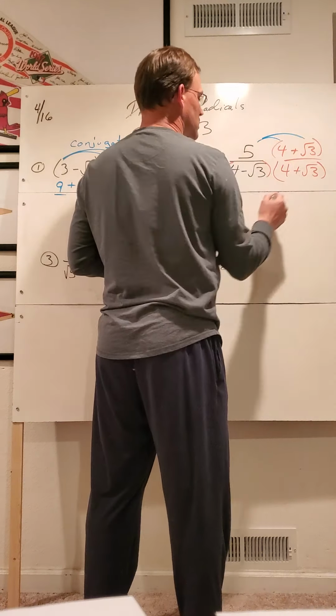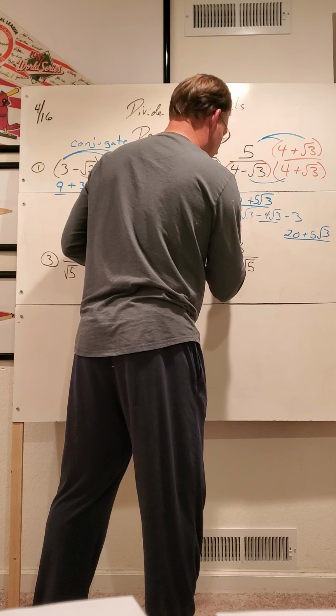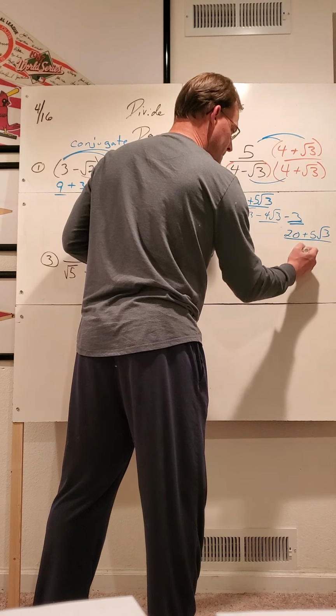Make sure you put the minus on it. Combine like terms in the middle. Plus 4 root 3 minus 4 root 3. Goose egg. Nothing left. 16 minus 3, 13. So I have 20 plus 5 root 3 over 13.